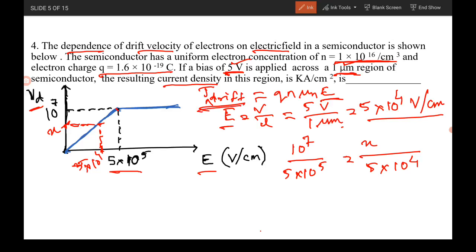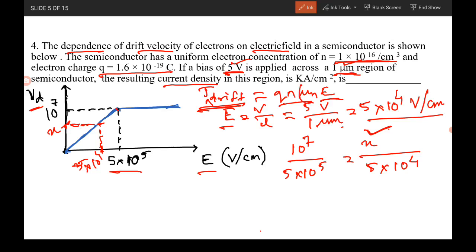So we cannot directly put the formula here, because the question is asked with respect to drift velocity, which here is equal to x. We cannot directly substitute the electric field.